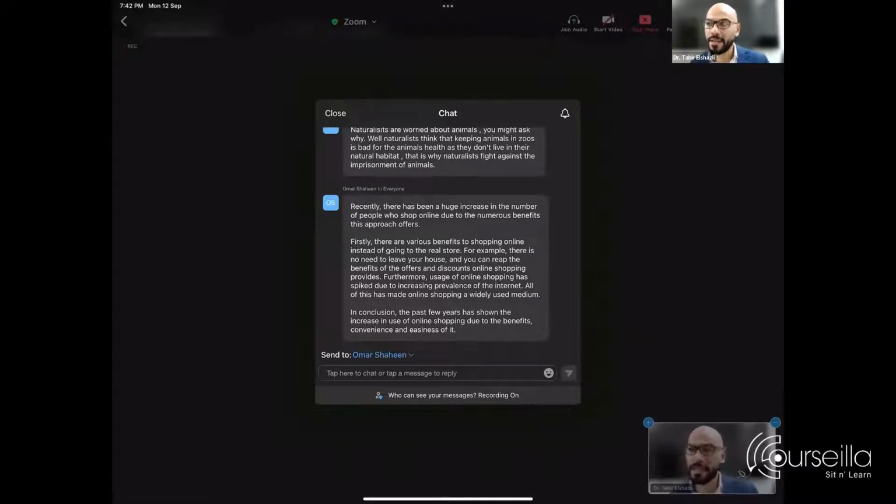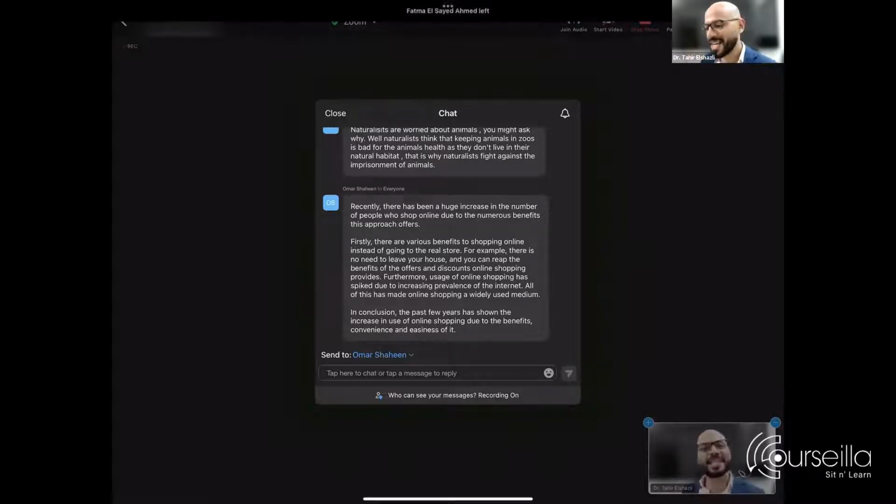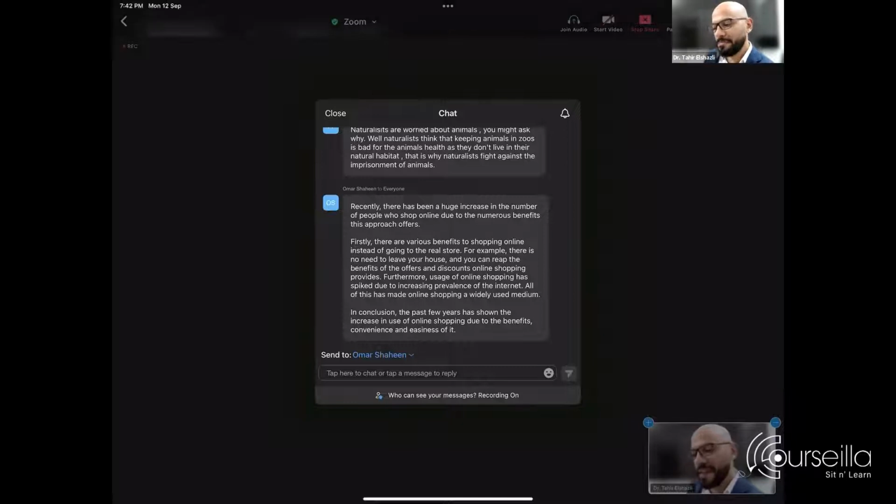In the beginning, he also used 'firstly' to show he's going to list ideas. Firstly, there are various benefits to shopping online instead of going to the real store. Very good. What are they? Number one, for example, another very good linking word.